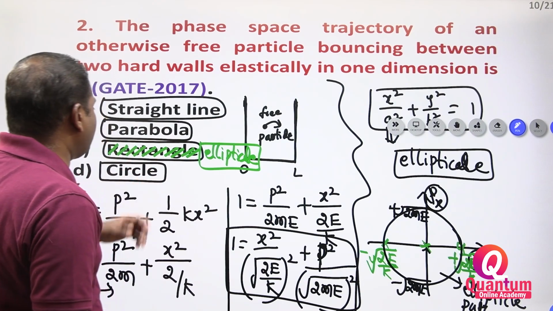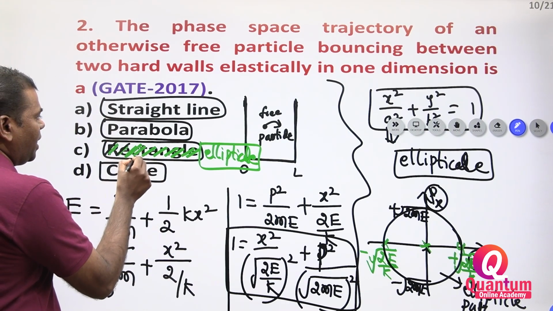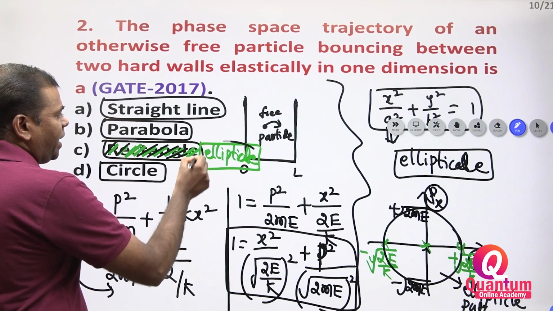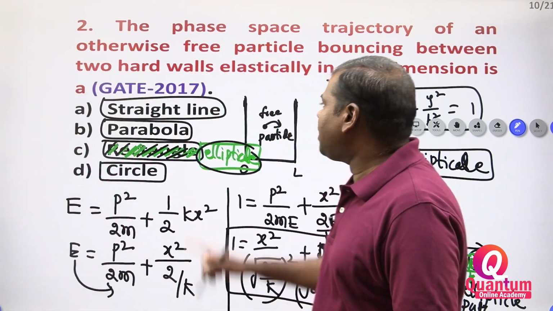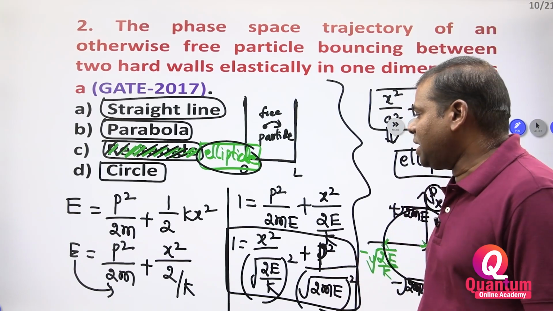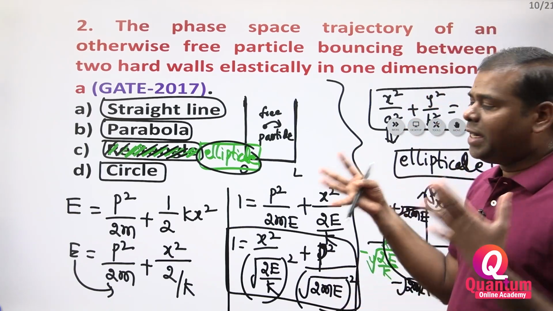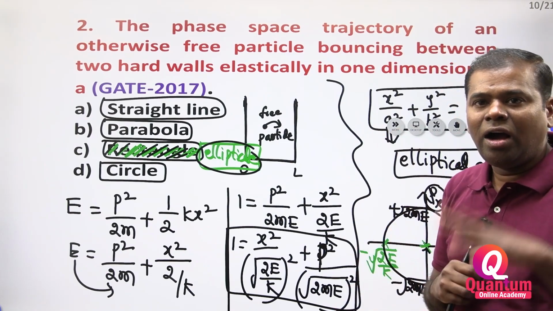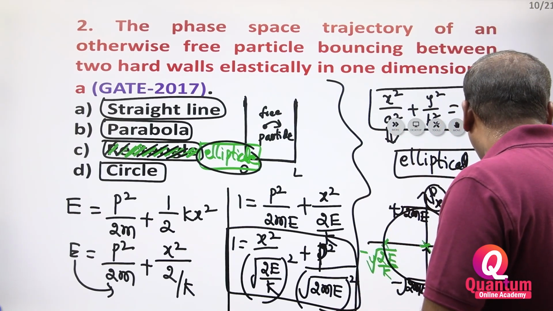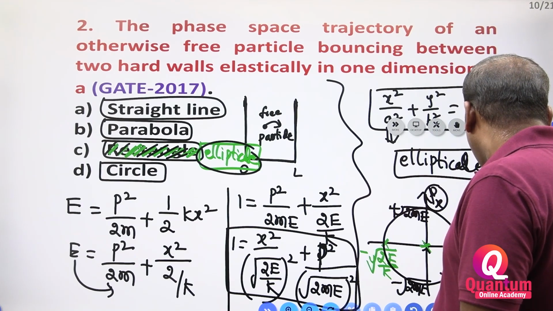In the options, rectangular is not correct, you have to take the elliptical path. This question is from 2017, asked in the GATE examination. They will ask like that. It is from the area of phase space dynamics, right?